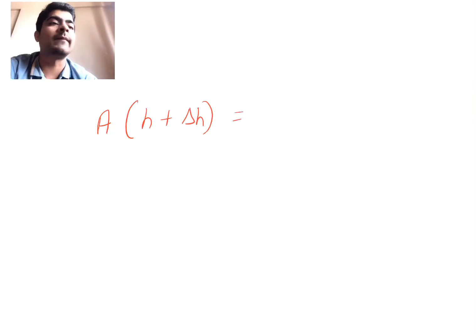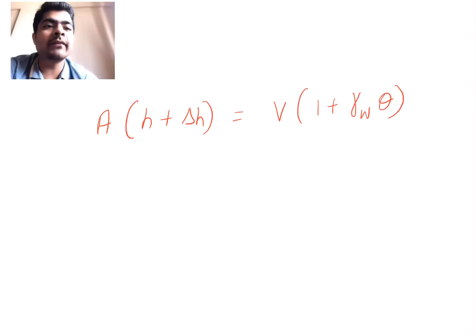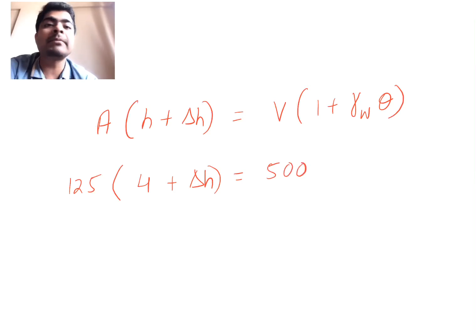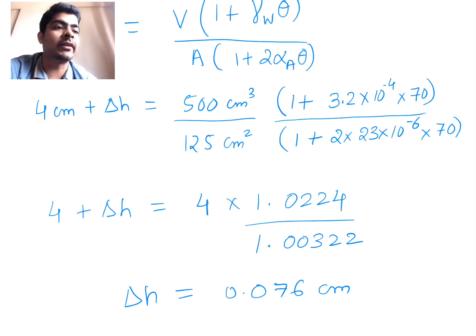So basically, if we don't change the area of the container, then the area is not changing, but the height of the water level is changing. This will be equal to V times 1 plus gamma water into theta. So again, when you put the values, area is 125 centimeter square, original height is 4 plus delta H, which is equal to original volume 500, and 1 plus gamma water into theta we just calculated.